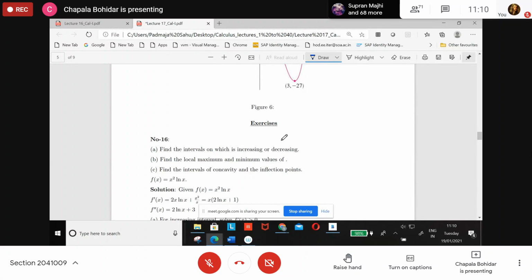Part C, find the interval of concavity and inflection point.